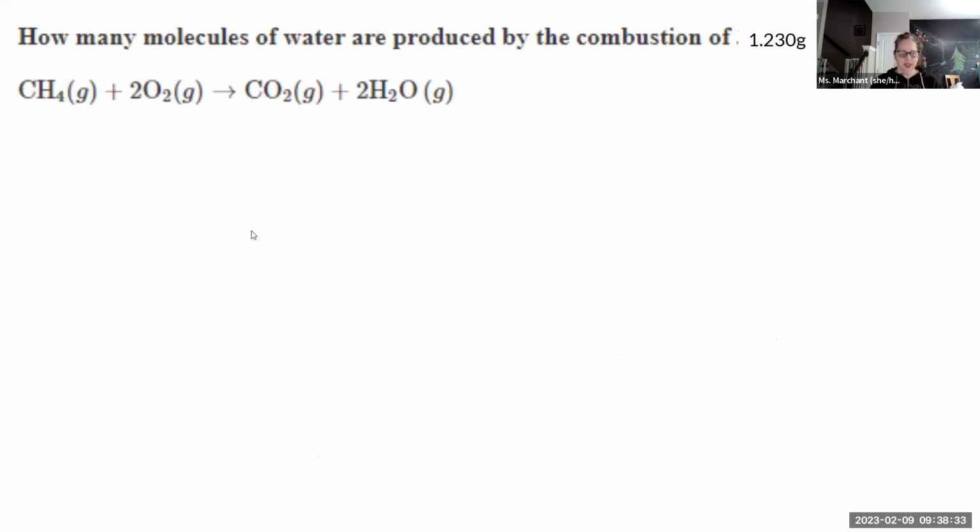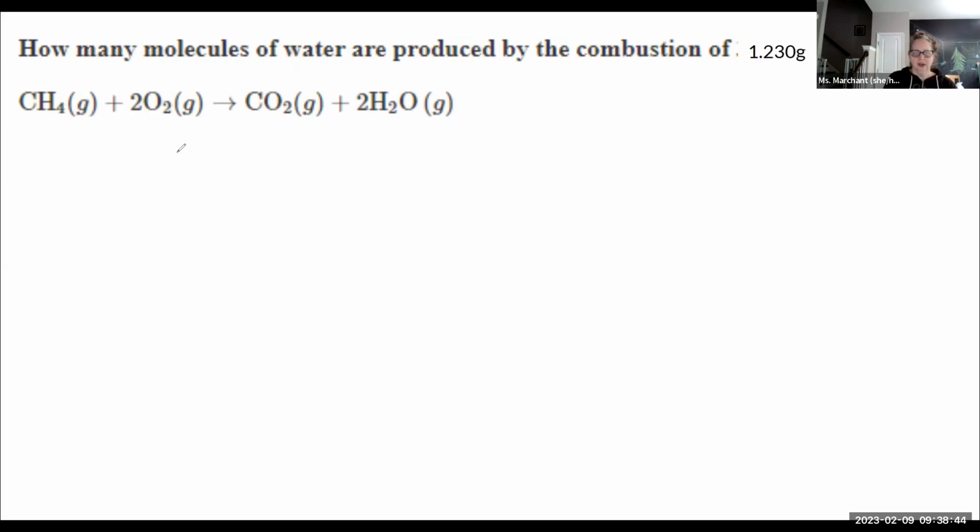Okay, how about if we have: how many molecules of water are produced by the combustion of 1.230 grams of methane? And this time they gave you the equation. Known equals question mark unknown, 1.230 grams of methane. I don't know what methane is because we haven't done the organic unit yet.